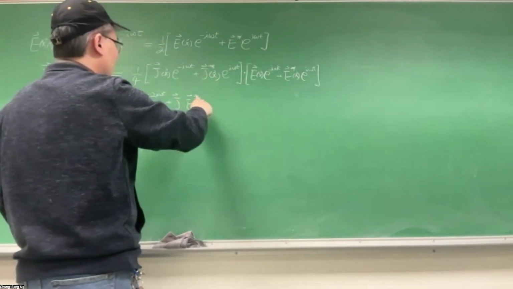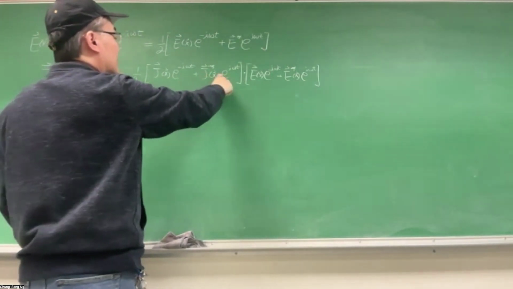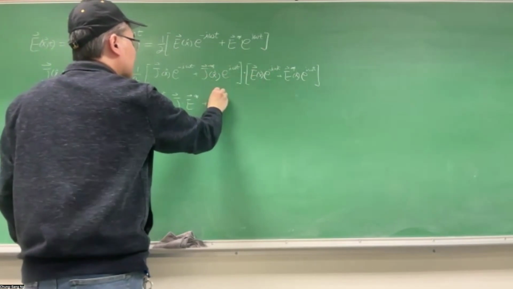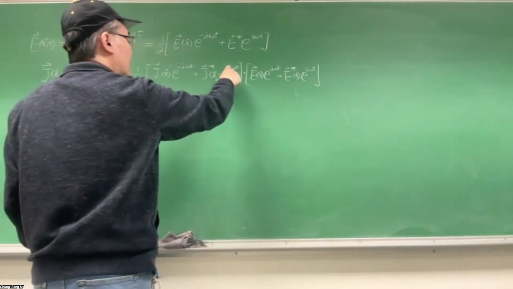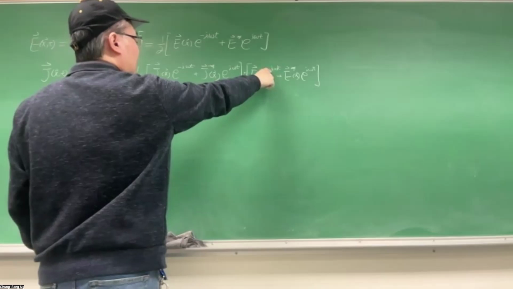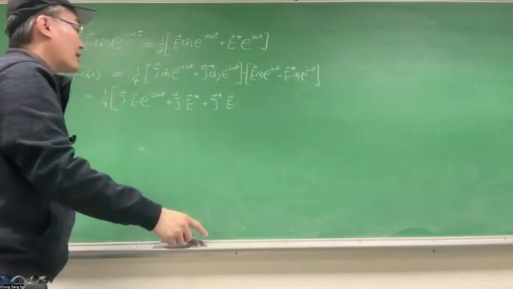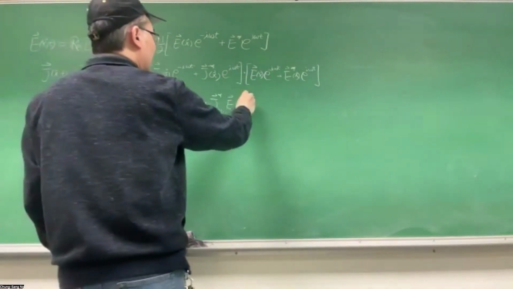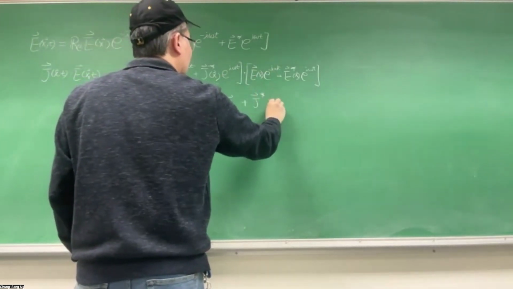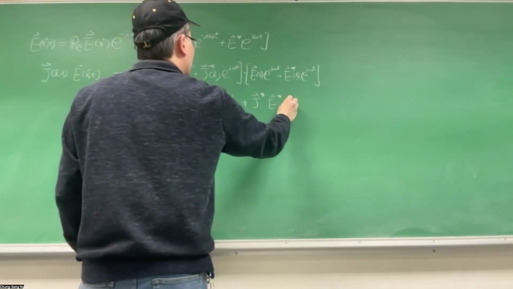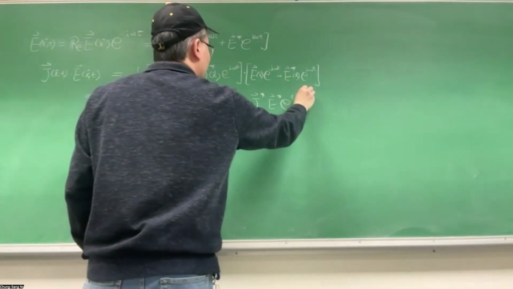And so you don't have the exponential function here, and then this times that. Again, this is the same here: e to the i omega t times e to the minus i omega t multiplies to 1, and then plus J complex conjugate dot E complex conjugate times e to the minus 2i omega t.